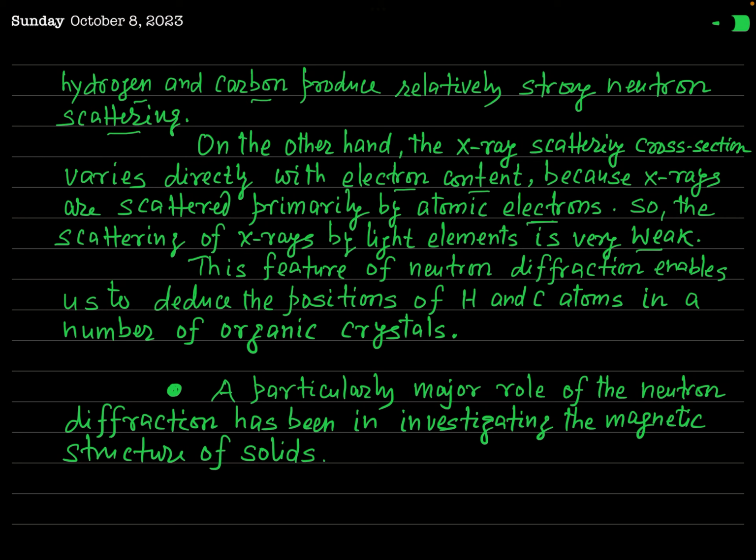Or you can say that X-ray diffraction does not take place effectively by lighter elements because they have a smaller electron content. Okay, and this feature of neutron diffraction enables us to determine the position of H and C, that is hydrogen and carbon atoms, in a number of organic crystals, as I have told you earlier. Okay.